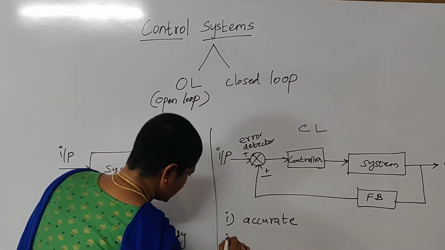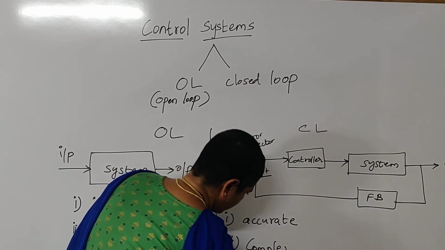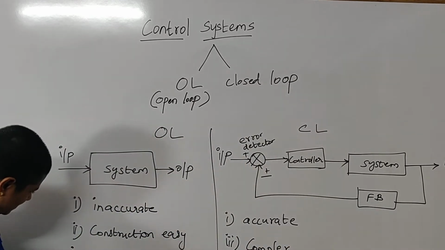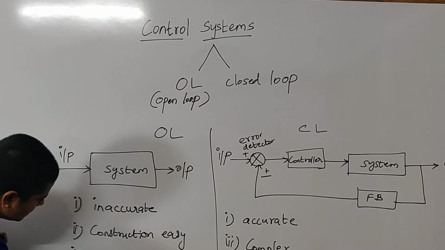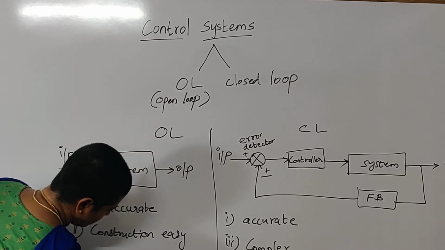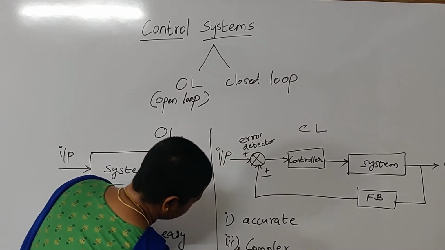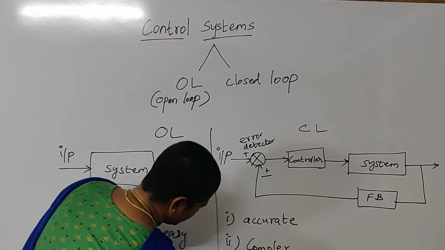Here the construction is a little bit complex. Here the number of components required is less. Here the number of components required is more.